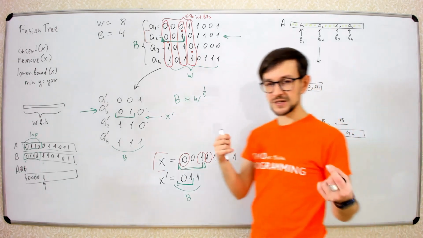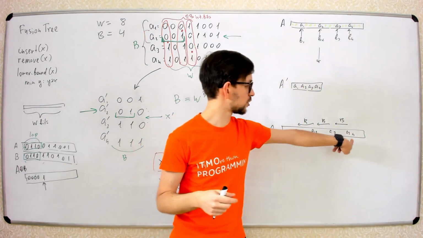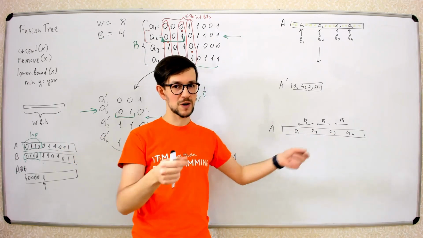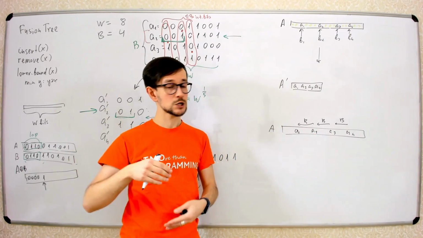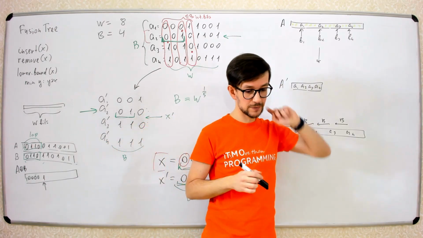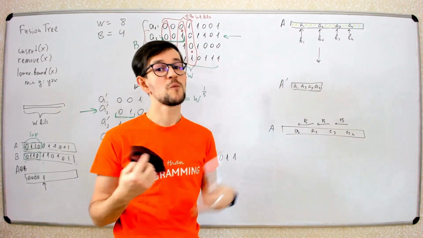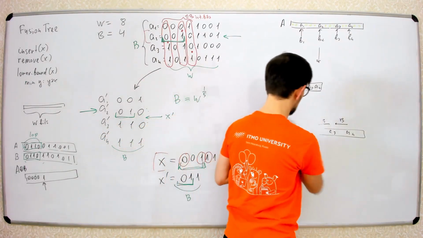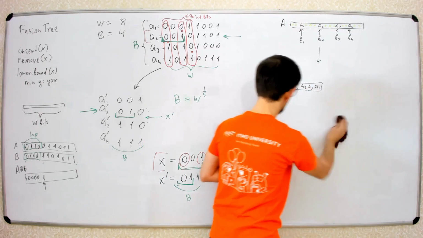So when the distance is the same, we can shift by b minus 1, add, shift by b minus 1, add, and we can do it in one multiplication. Here, the distance between these bits is different, so it's more complicated. But we can still apply the same trick, slightly modified.